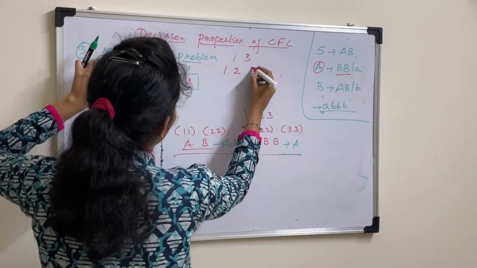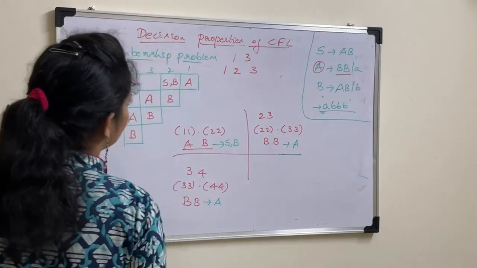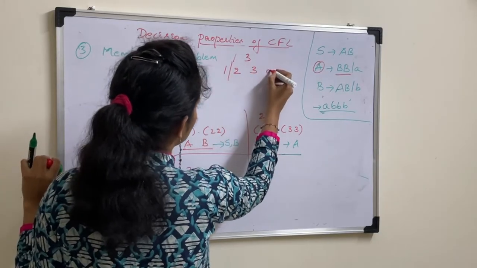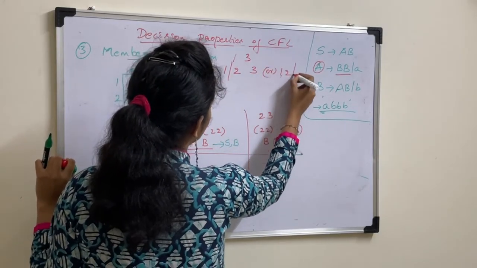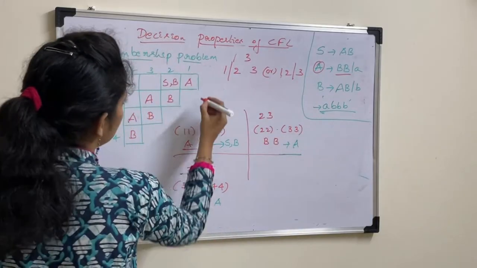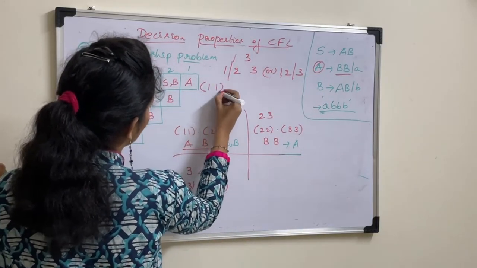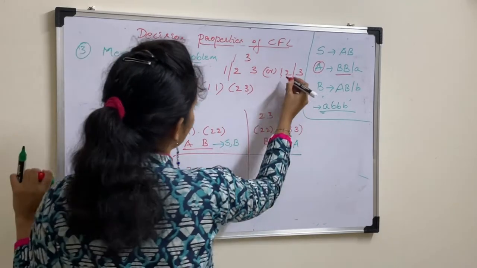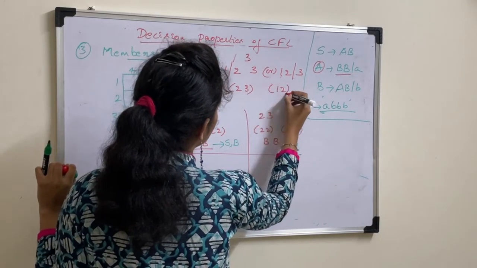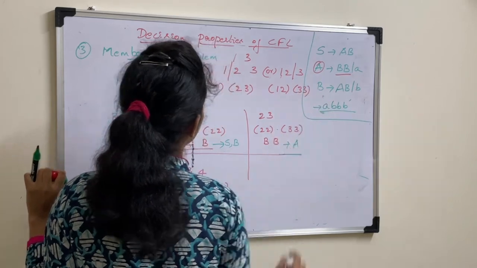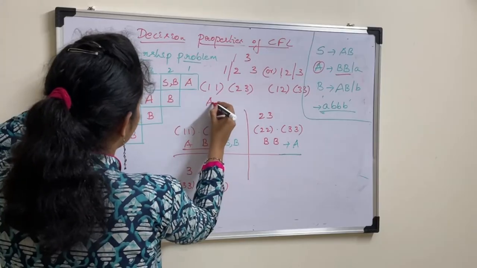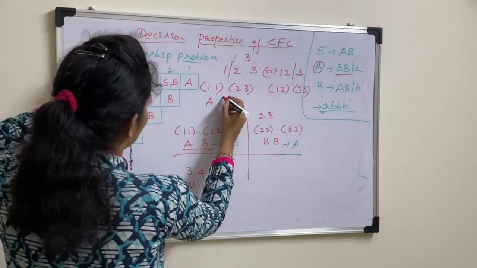You need to take elements in between 1 and 3 also. So 1 3 can be written as 1 1 dot 2 3, or 1 2 dot 3 3. What is 1 1? 1 1 means A. 2 3 means A.